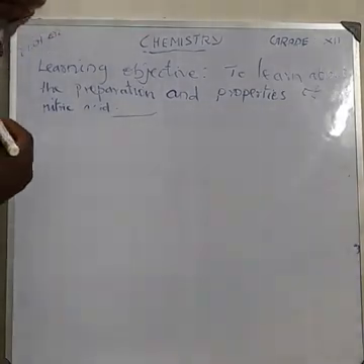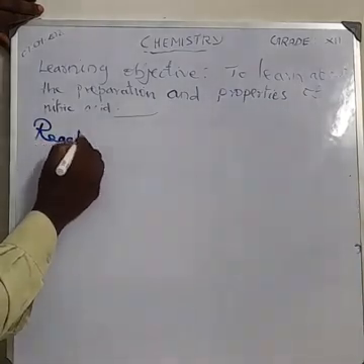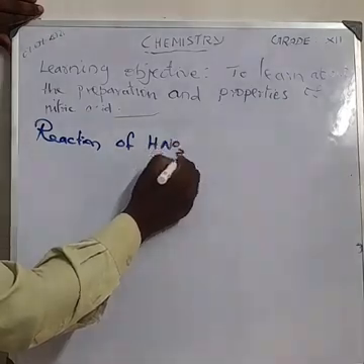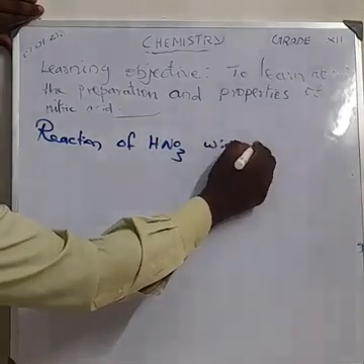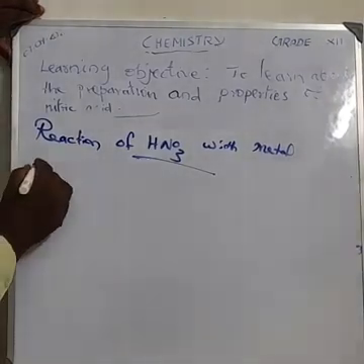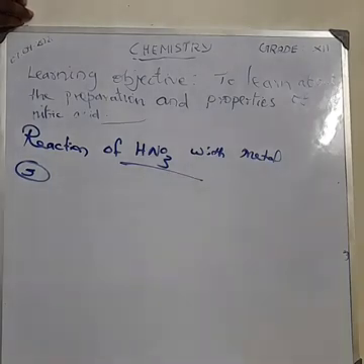Here there is a three-step reaction, the reaction of nitric acid with metal. Here there are 3 steps. The first step is the primary reaction. The second step is the secondary reaction. The third one is the tertiary reaction.